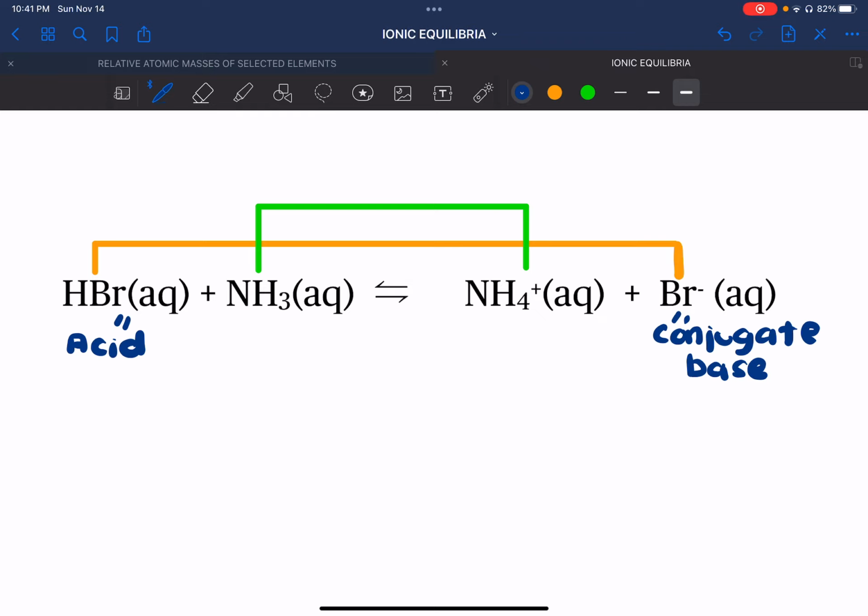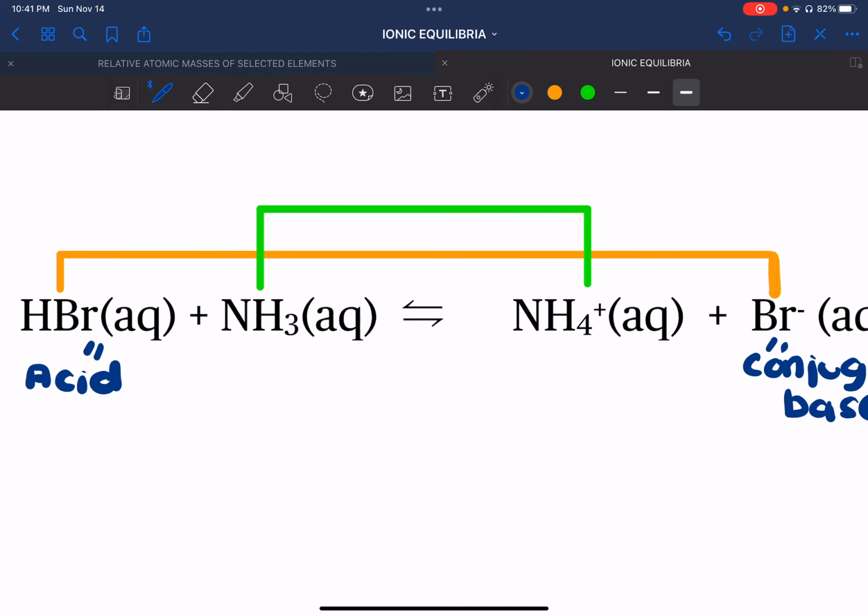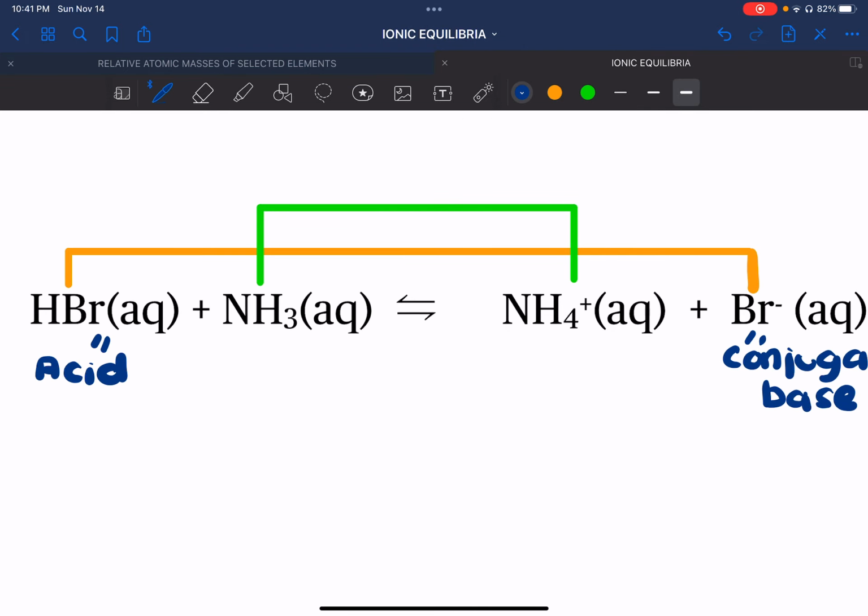Okay, tadi kita cakap HBr dia donate proton kan? Okay, dia donate proton pergi mana? Dia donate proton kepada amonia. So amonia dia akan accept proton tu, so dia akan jadi base. So pasangan base adalah conjugate acid.